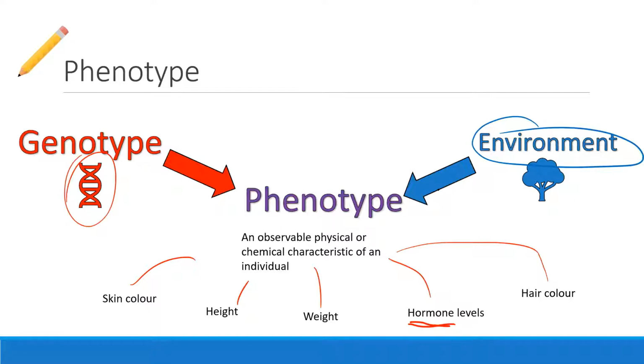For example, weight and height aren't just controlled by your genes, they're also controlled by your environment. We're going to look at an example in a second of how a particular one of these can be governed by both of these two types of things.